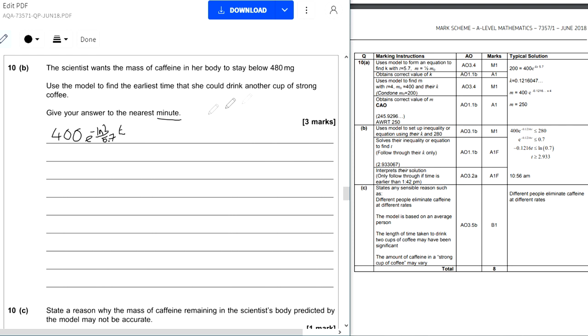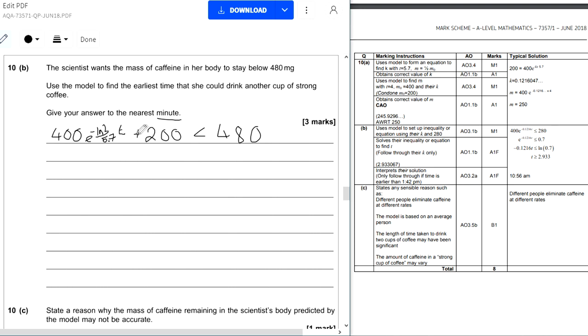If you drink another cup of coffee, then that's going to add 200 more milligrams, and we want that to be below 480 milligrams. So that's the total amount of caffeine that she would have at the point when she drinks that next cup of coffee, and we want that to be below 480. So we've got to find the time that happens.